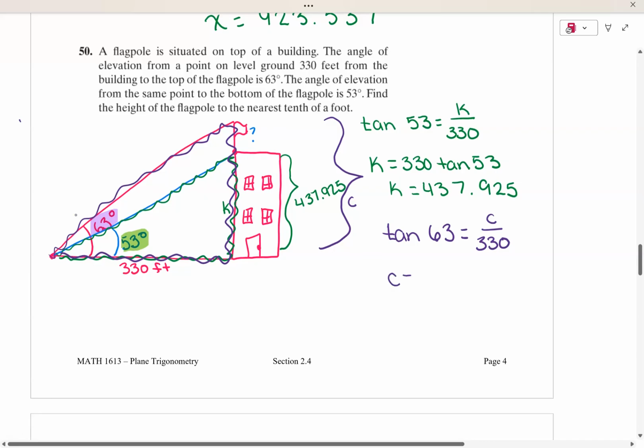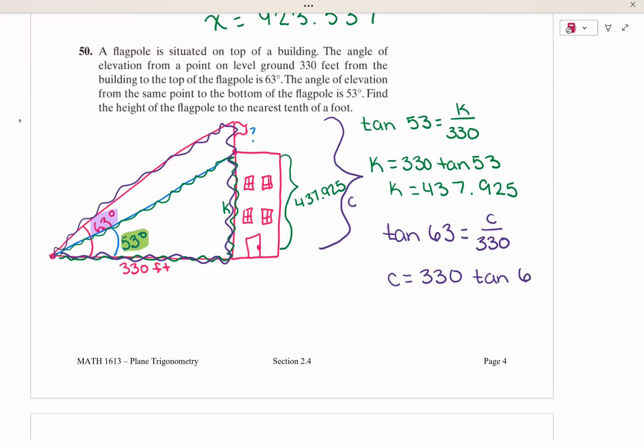So that means C is equal to 330 times tangent of 63. So we get C to equal 647.661.